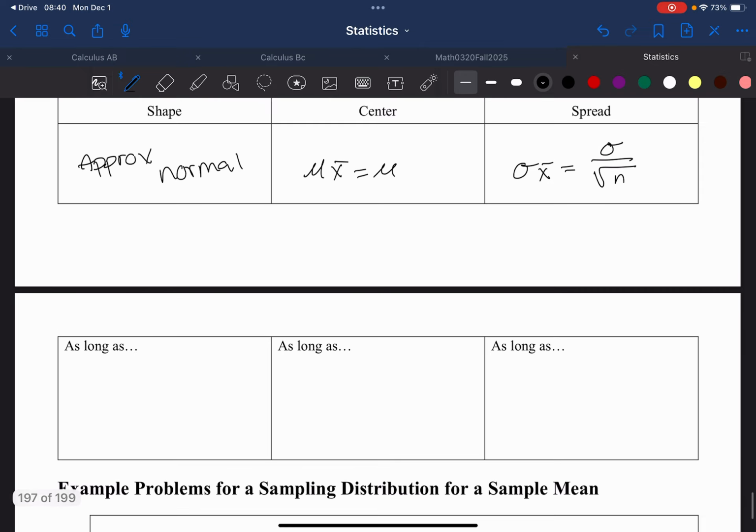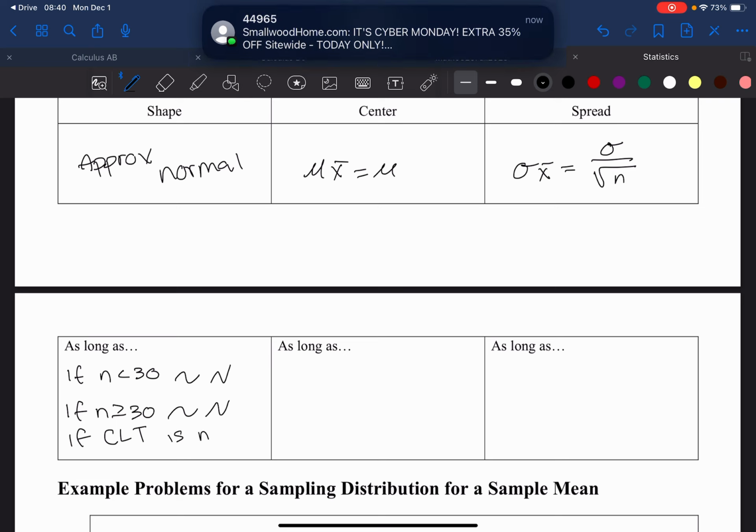Okay. Again, these are only going to be true for approximately normal as long as the central limit theorem is met. So we can say if n is less than 30, then it follows a normal distribution. If n is greater than or equal to 30, then it will follow a normal distribution if central limit theorem is met. Okay.